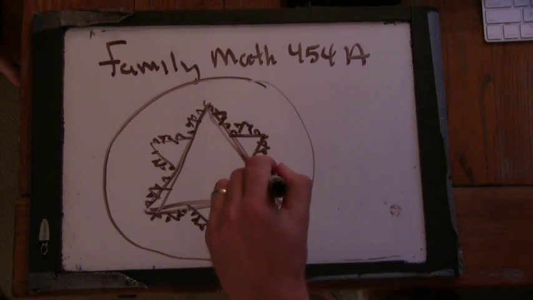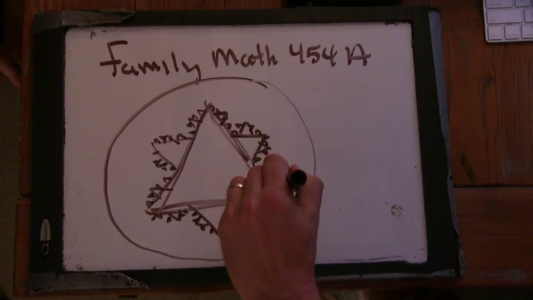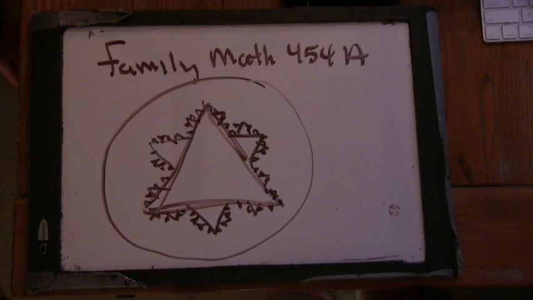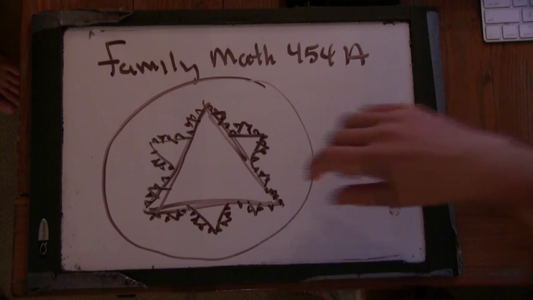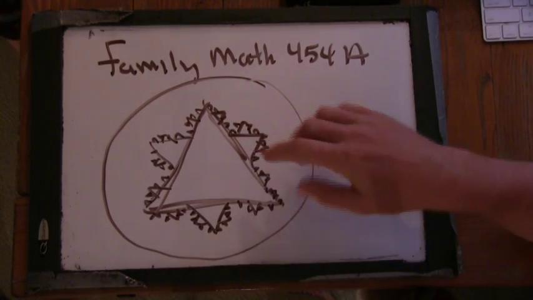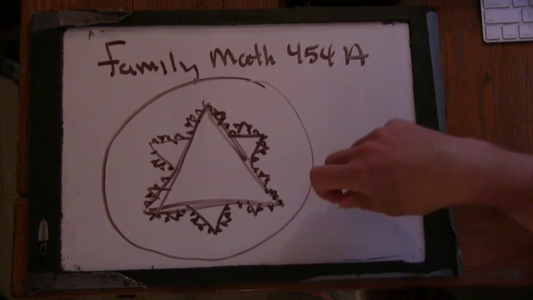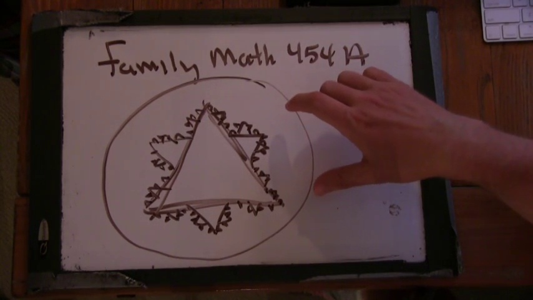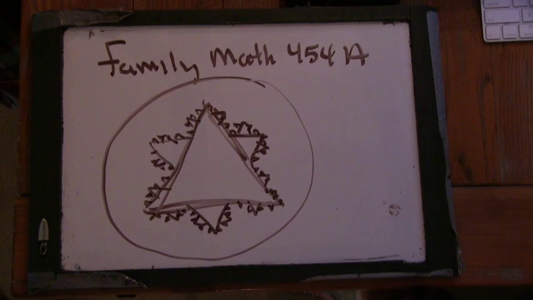It looks like I forgot this bit here, or maybe I didn't. I don't know. But it doesn't seem to grow. The area doesn't seem to be infinite because it's inside of a circle, and this circle has definitely finite area.